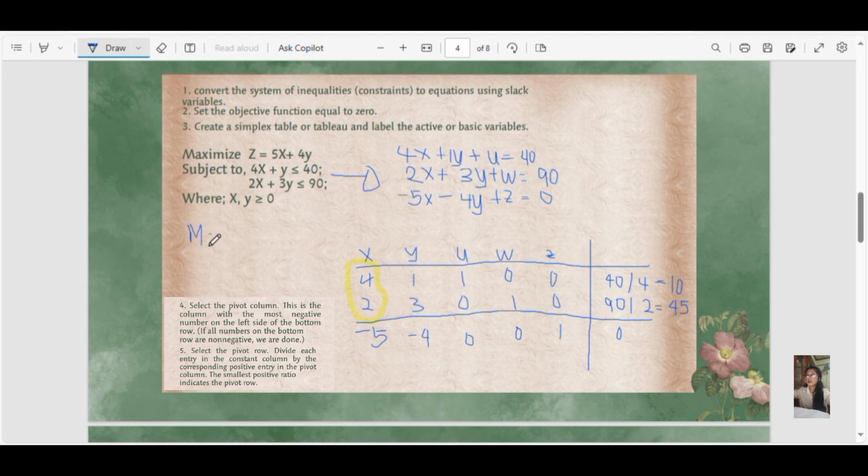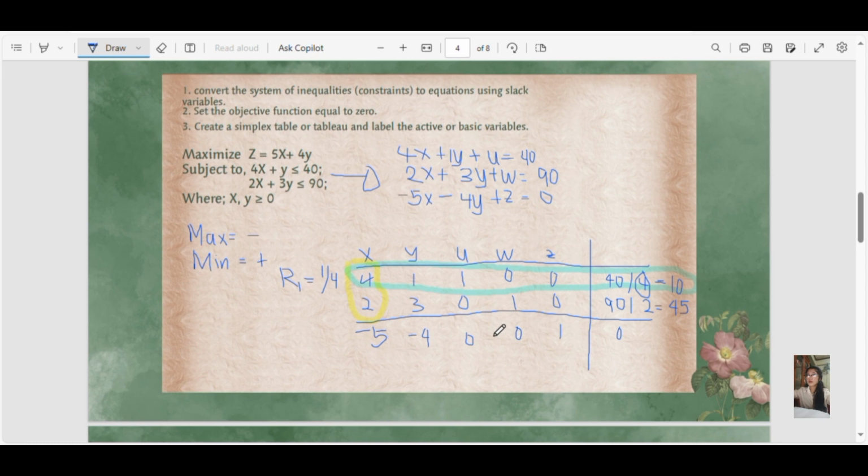Take note: for maximize, we pick the most negative, and minimize is the opposite, the most positive. We are solving for maximize, so 10 is the smallest ratio. I'm going to write here R1 equals 1/4 R1, because we divide by 4 to make that 4 into 1.